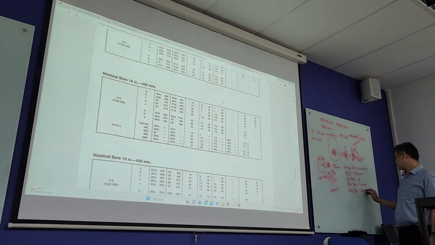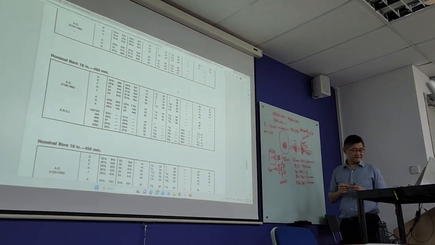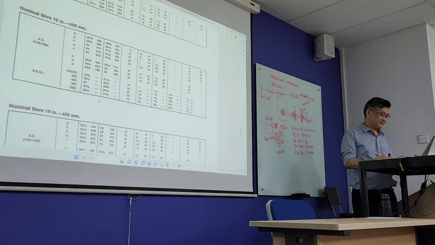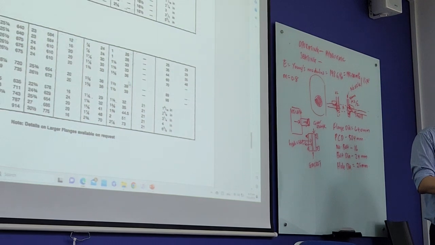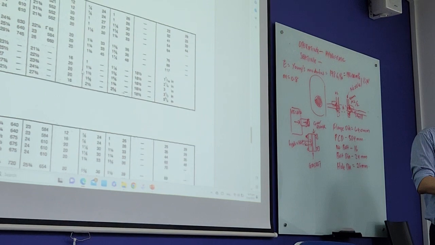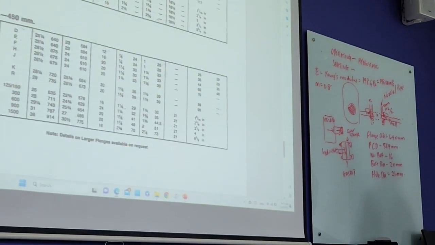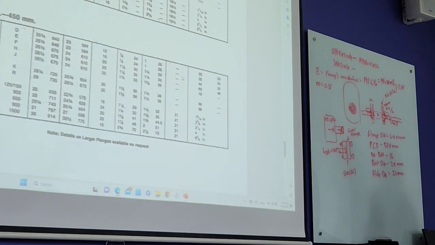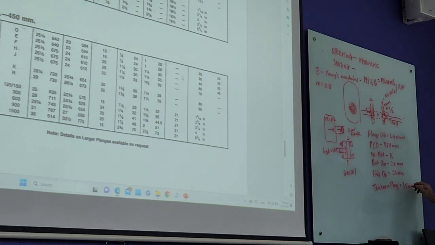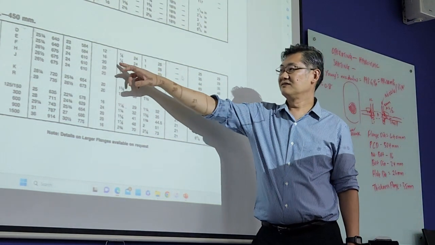Of course, your hole must be bigger. And thickness of the flange is about 35 mm. So later you need to use all this information for this question.